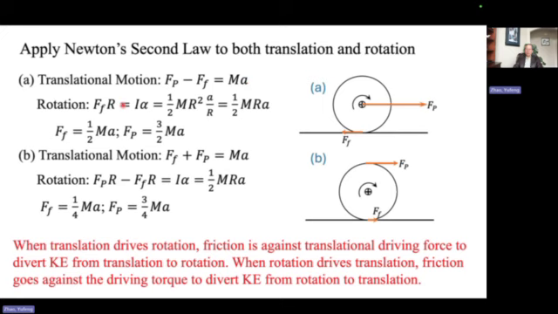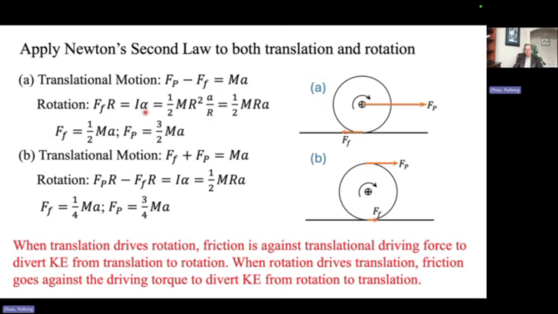Similarly, for rotation, Newton's second law says the torque by the friction force, because the pulling force does not have any torque, is the net torque. The friction force times the lever arm R equals I, the rotational inertia, times the rotational acceleration, alpha.